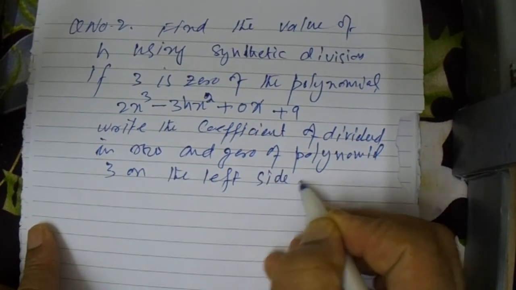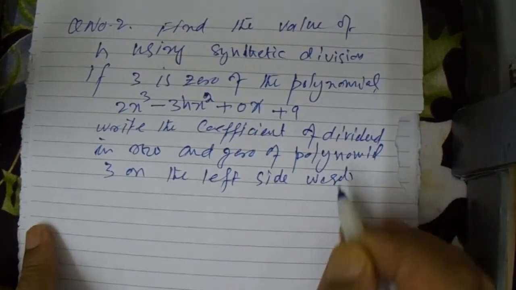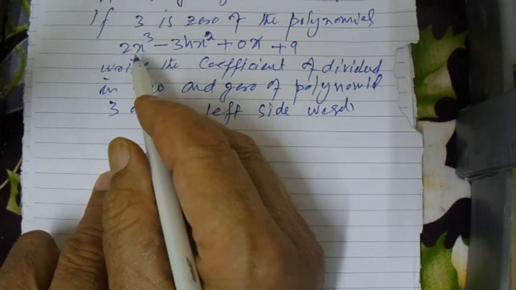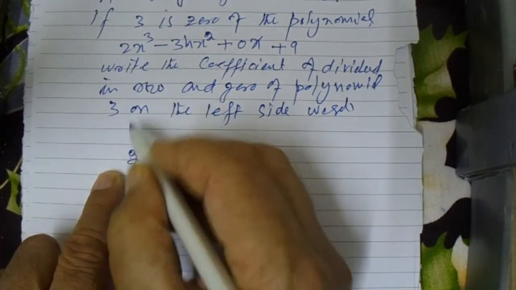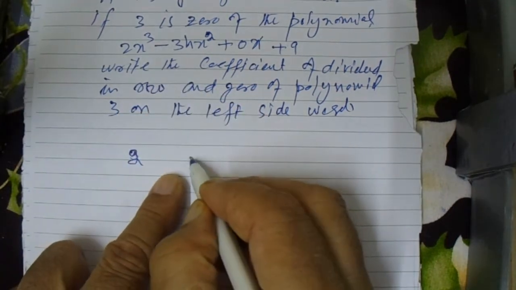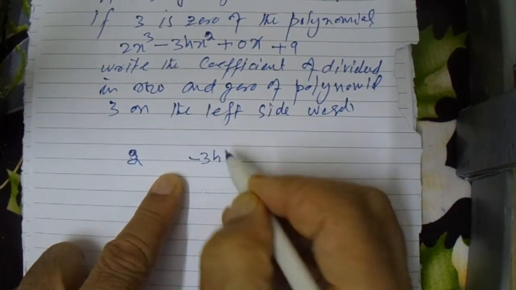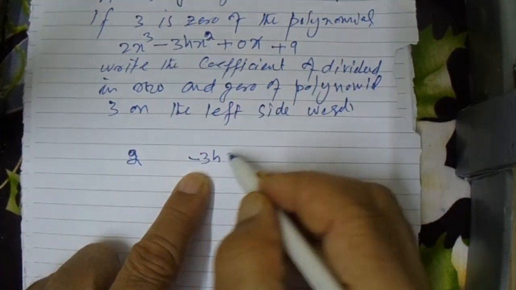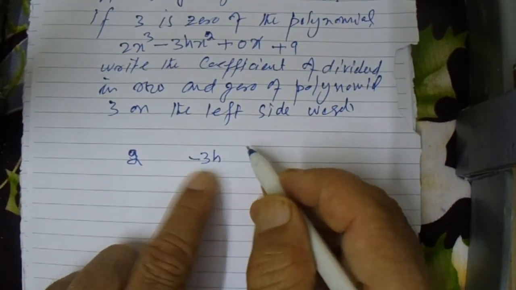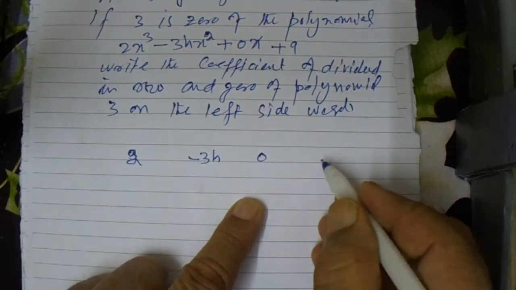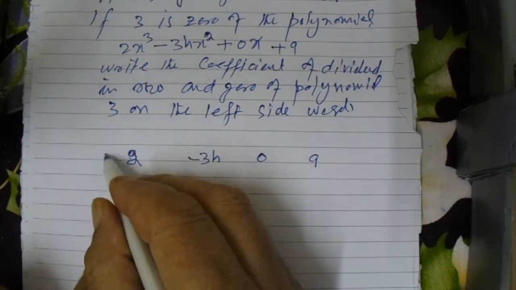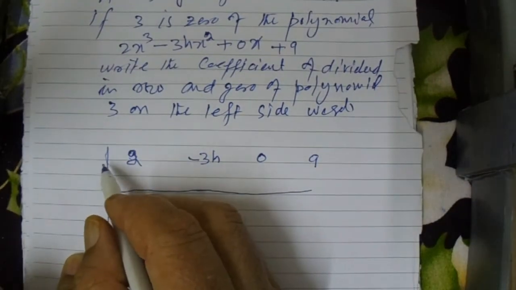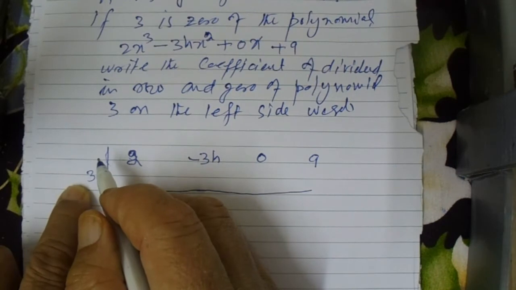Now 2 is the coefficient of x³, and minus 3h is the coefficient of x², and 0 is the coefficient of x, and 9 is the constant term. Now we write the zero of the polynomial on the left side, that is 3.